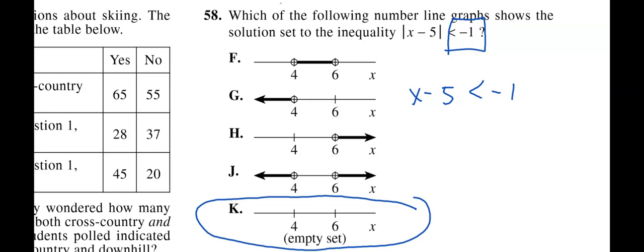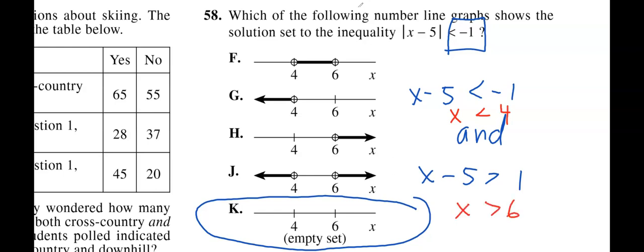Since it's less than, that would be and x minus 5 is greater than +1. Okay, so if I solve the first one, by adding 5, that would be x is less than 4. If I solve the second one, it would be x is greater than 6. Can you name a number in the universe which is less than 4 and also greater than 6 at the same time?